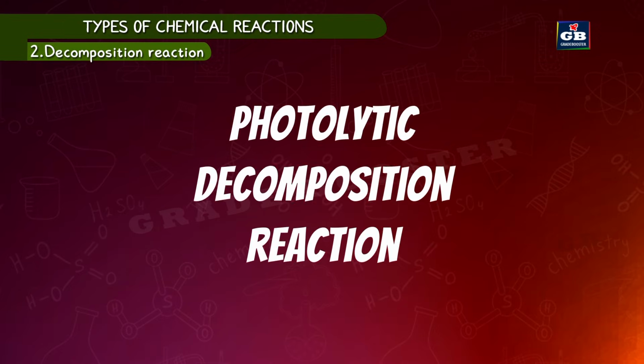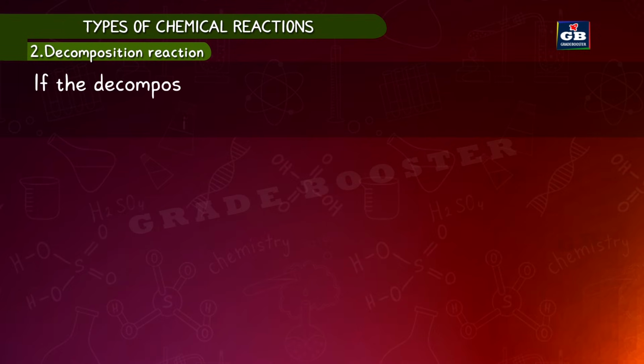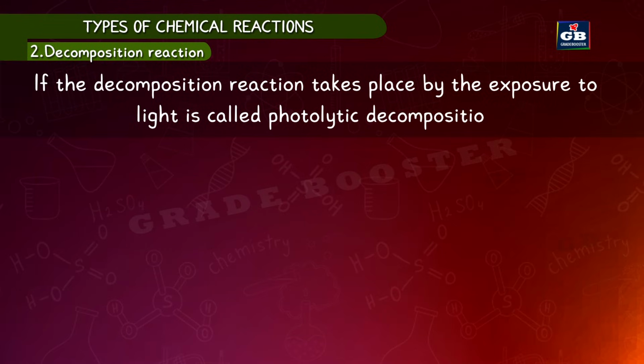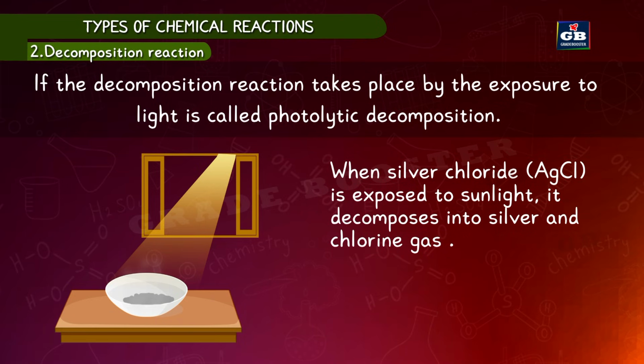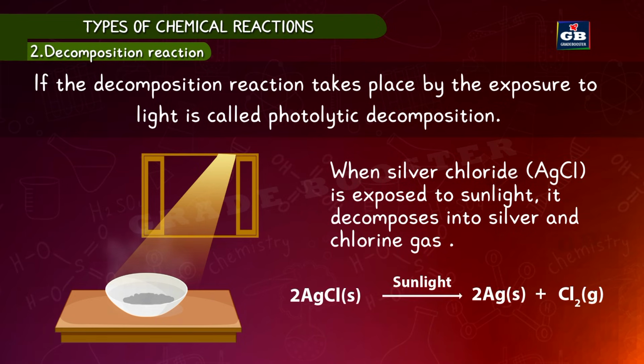Now let us see photolytic decomposition. If the decomposition reaction takes place by the exposure to light, it is called photolytic decomposition. When silver chloride is exposed to sunlight, it decomposes into silver and chlorine gas. The chemical equation for this reaction is 2AgCl gives rise to 2Ag plus Cl2.